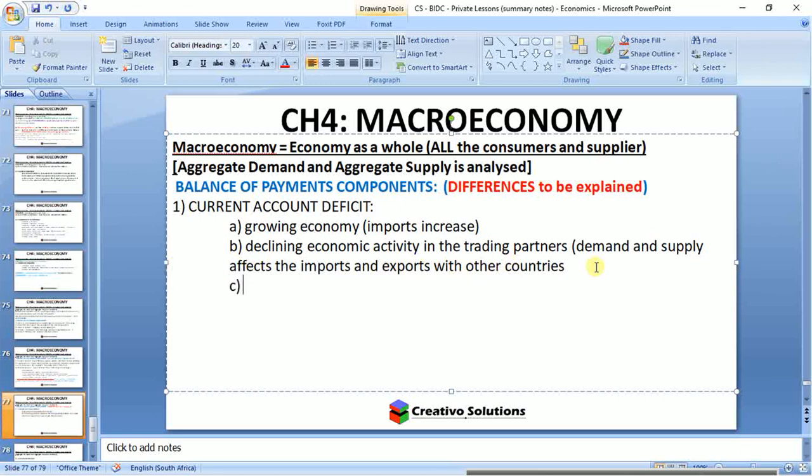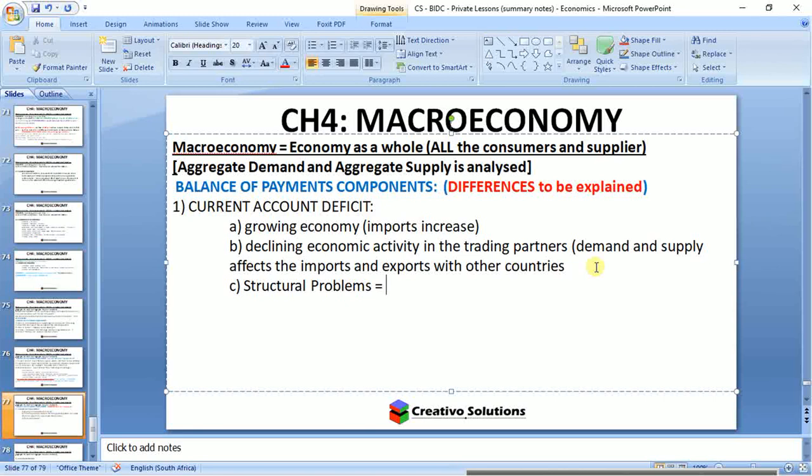The third point, and that's the last one for this, is structural problems. If something is structural, that refers to how the country is running in terms of its facilities, its capabilities, and so on. The textbook talks about the causes for the deficit.